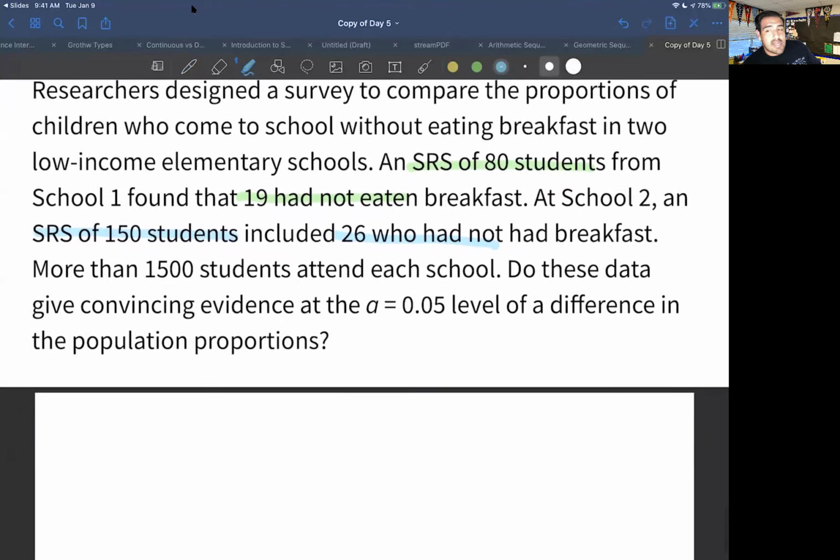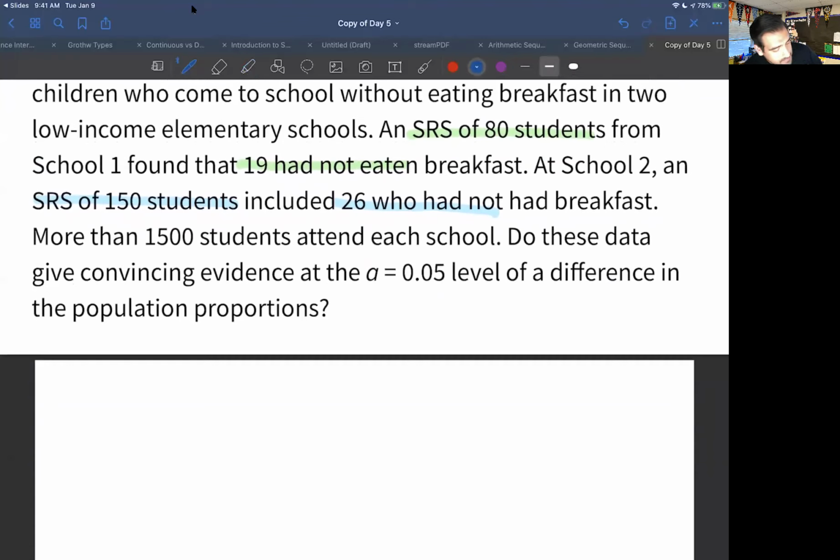So let's go ahead and run our test. I am going to state what I'm going to do. I'm doing a 2 proportion significance test. My null hypothesis is the proportions are not different, right? I'm going to assume that they're the same. I'm going to say P1 is the first school, P2 is the second school.